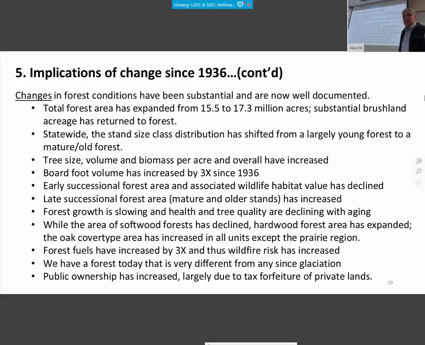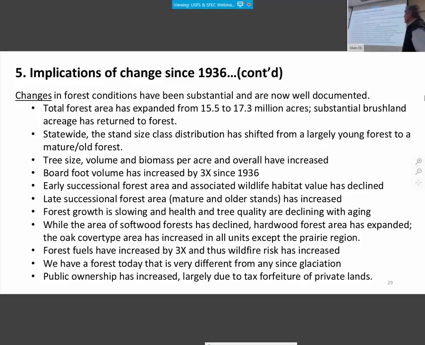So what are some implications for change in the forest? The forest area has really not shrunk. If you throw in the brush, the forest area is really about the same as it is today. Substantial brushland really did return to forest.